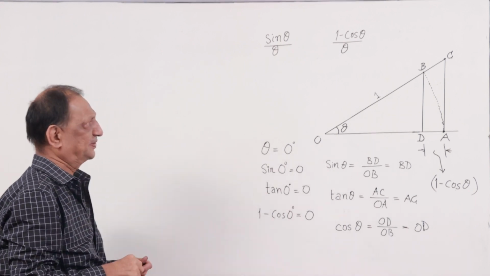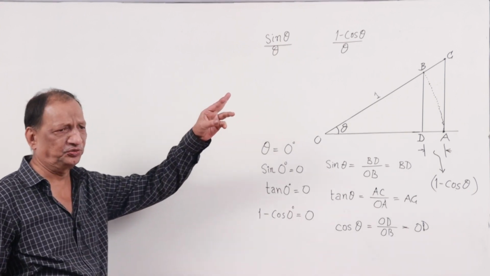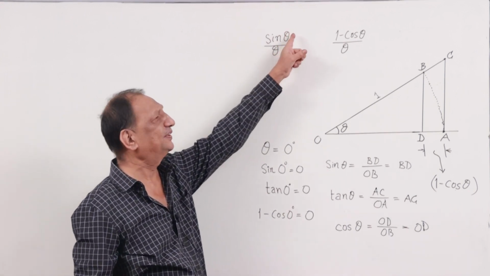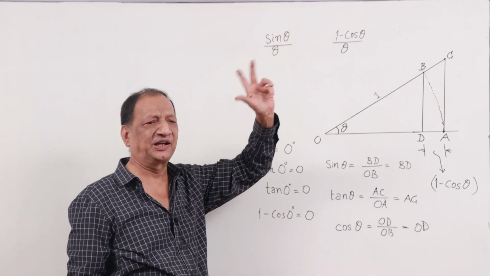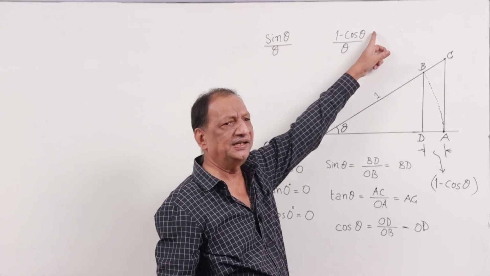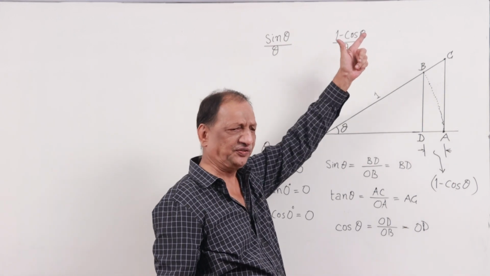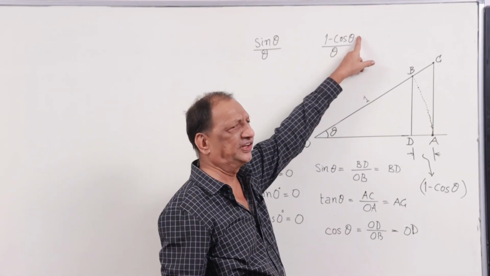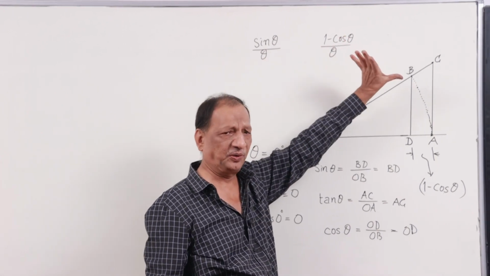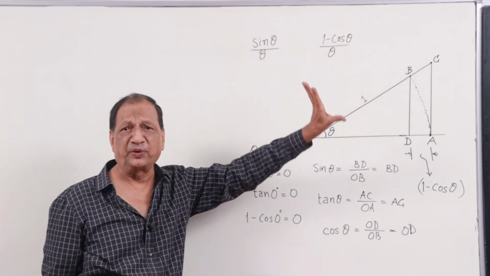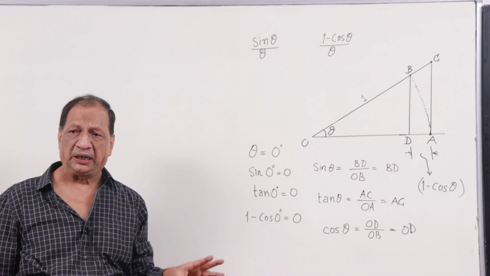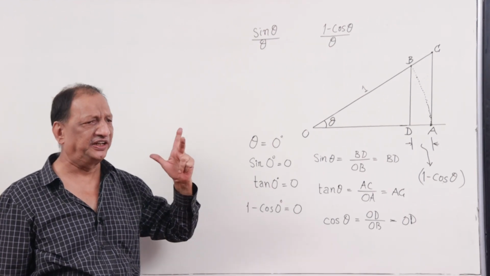I can't substitute theta equal to 0 in these two cases, because then it will look like 0 by 0, which is indeterminate form. Here again it is indeterminate, because 1 minus cos theta is 0, cos 0 being 1, and theta is 0. So both are 0 by 0. So we cannot substitute the value of theta equal to 0.